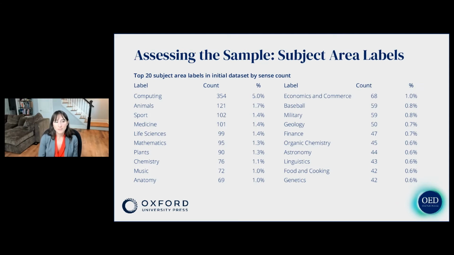But it is really interesting to see the new senses that were added to existing words: when you look at the subject area labels, you can see a cross-section of how society has progressed over that same time period. You see the massive rise, the massive representation of senses under computing, animals, sport, medicine, science, math, and so really you can see the technological progress represented here, and I find that particularly interesting.